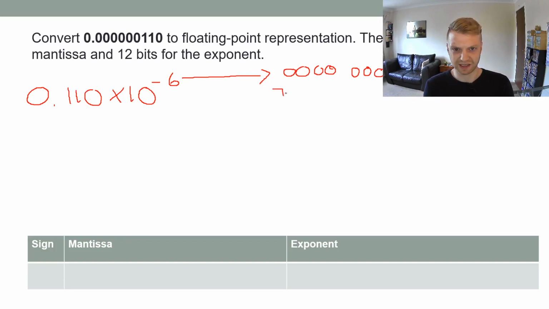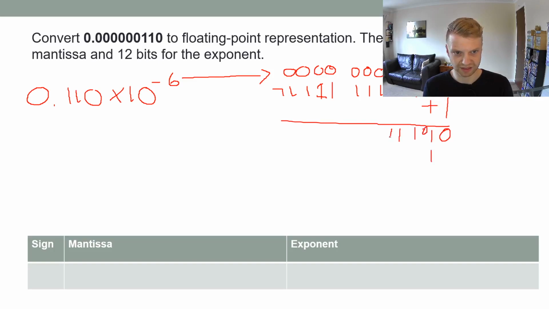And then you negate it. What am I doing? Oh god, this is awful. 0, 0, 1, and then you add 1 as before. So 1 plus 1 is 0, carry the 1, and then you get 1 there, and the rest remains the same.